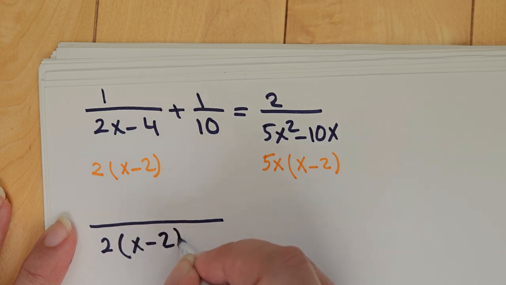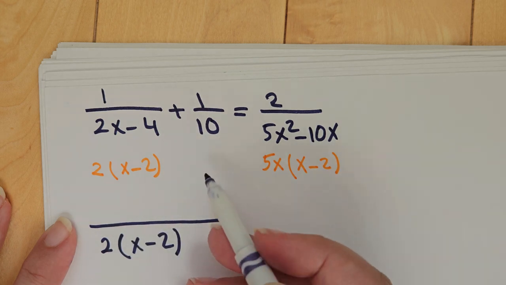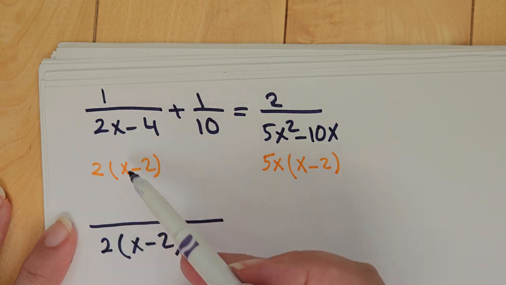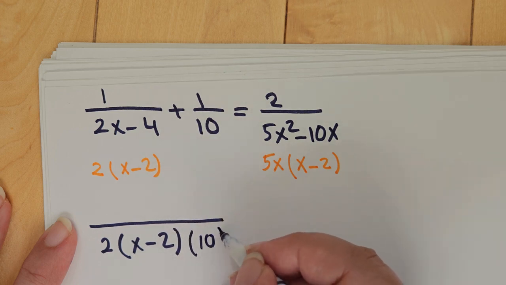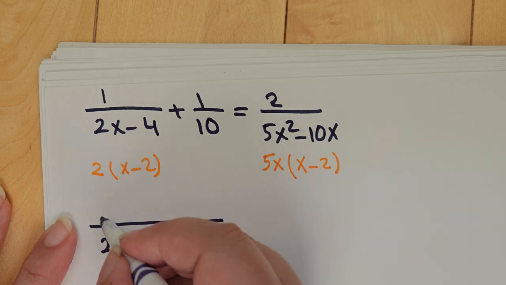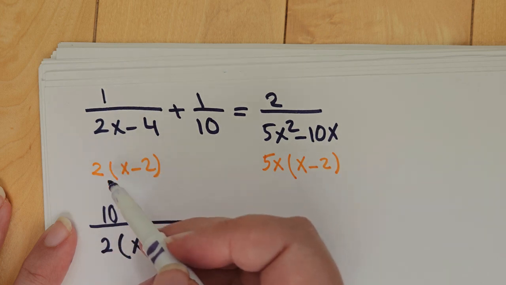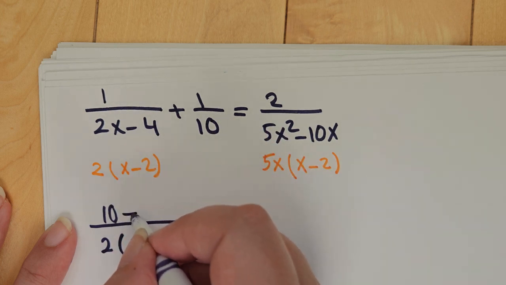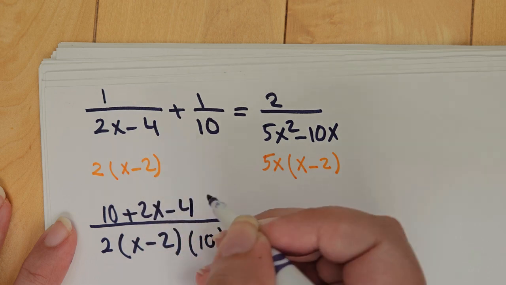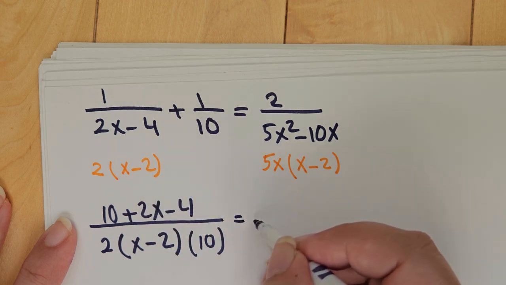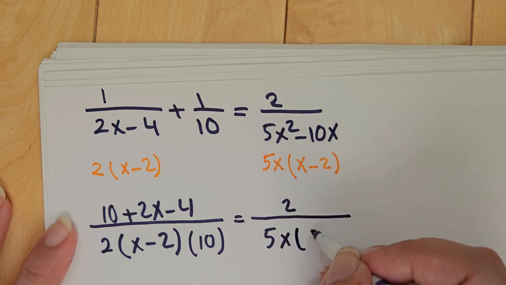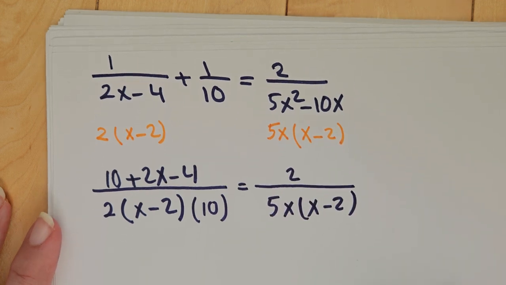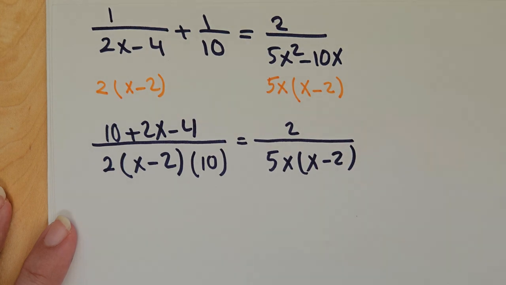coming from the first fraction, and 10 coming from the second fraction. So that would be 10 plus 2x minus 4. On the other side, I have 2 over 5x, x minus 2. So you can see the pattern again. I have one fraction on one side, another fraction on the other side of the equal sign.